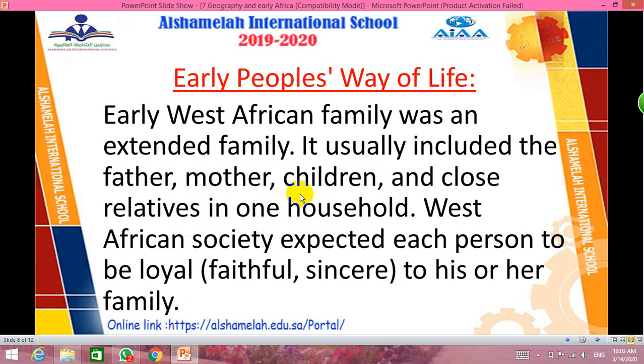It means all family members were living in one house. West African society expected each person to be loyal, to be faithful, and to be sincere to his or her head of the family.